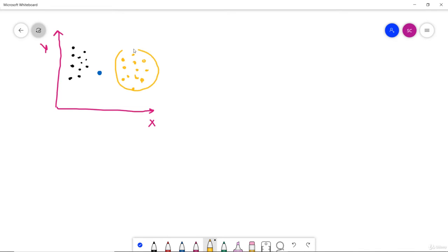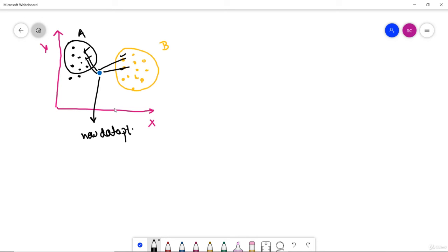So these are actually of category B, and these are of category A, these two included also, and this is the new data point. Now what happens is the Euclidean distance will be calculated. Let's say that these are the few neighbors which we have selected. Now you can see that this distance will be less compared to these two distances.